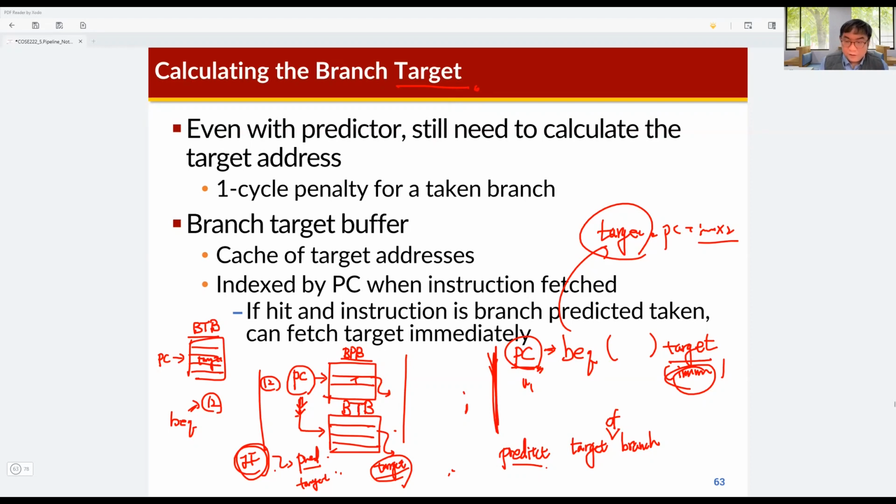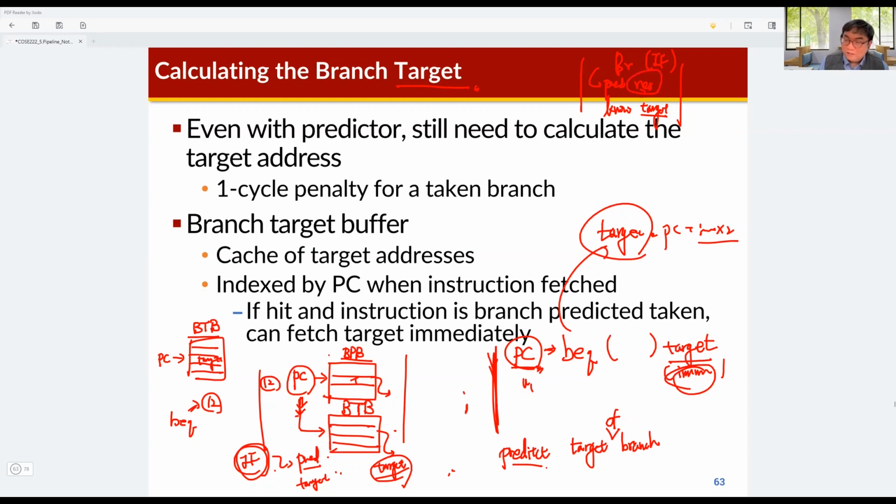When the branch instruction is in the instruction fetch stage, we can predict the result using the branch prediction buffer, and we know the target with the branch target buffer.